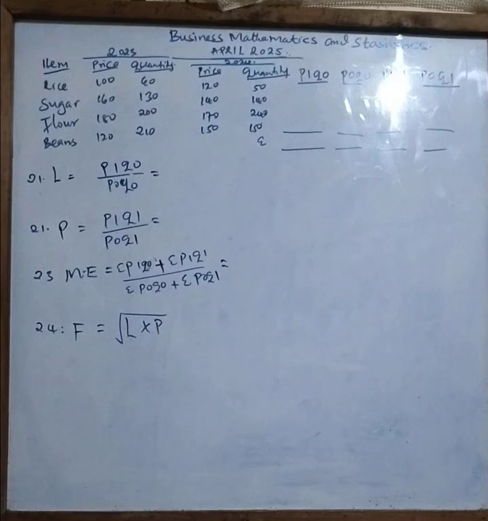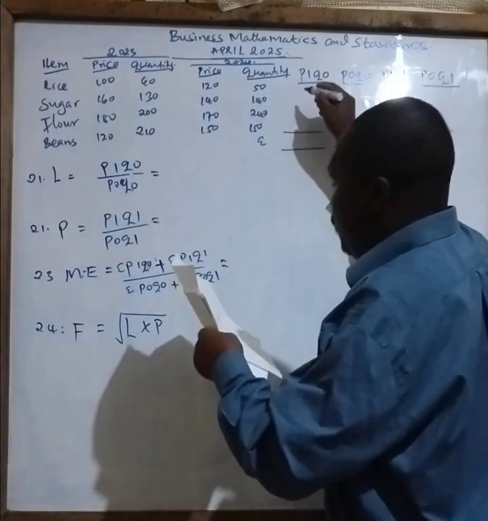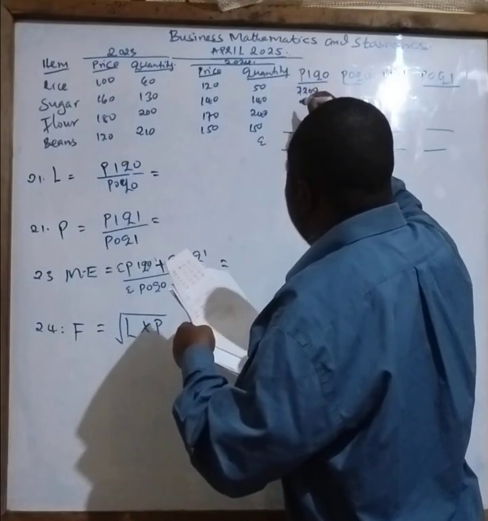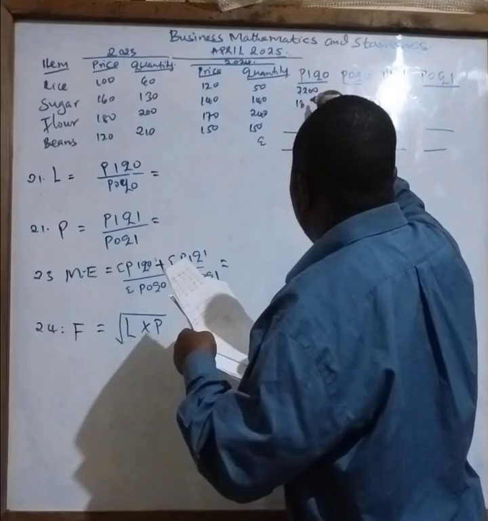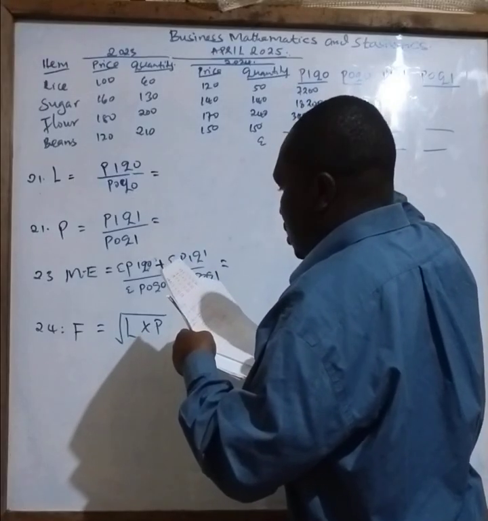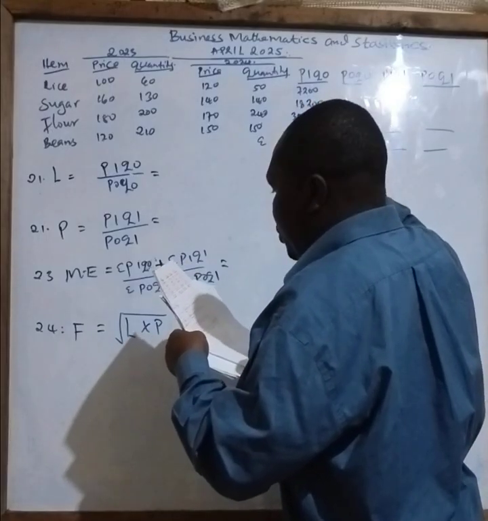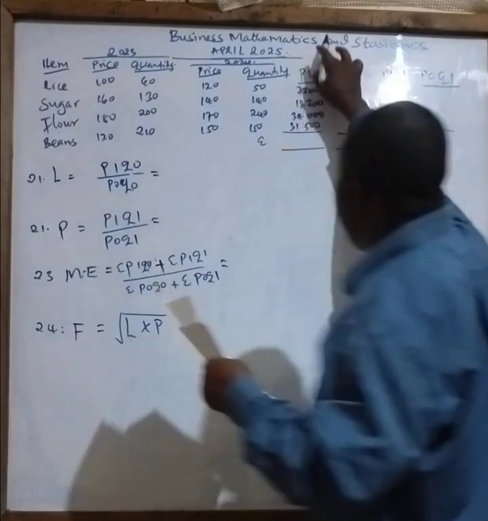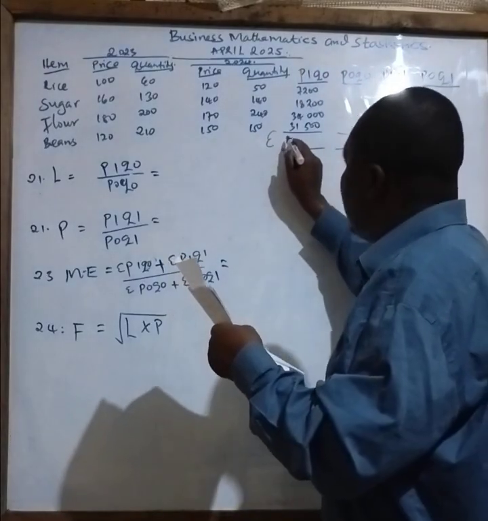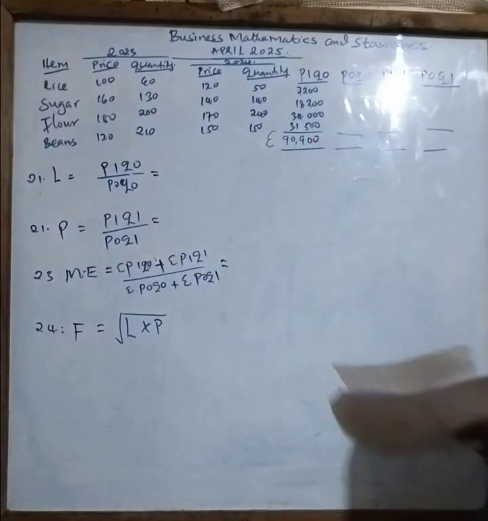If you press your calculator, for P1Q0, which is this one times that, the figures you get are 7,200, then 18,200, then 34,000. Then the last one is 31,500. So if I get the summation, it is 90,900. So I have now the figure for the P1Q0.